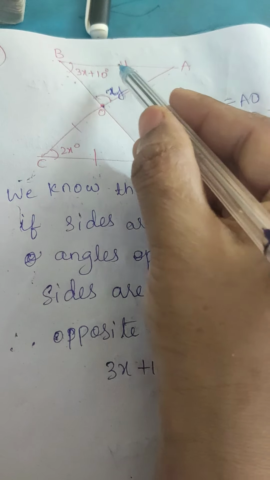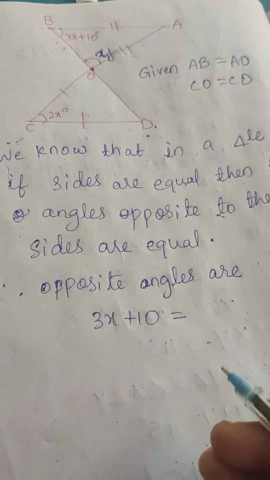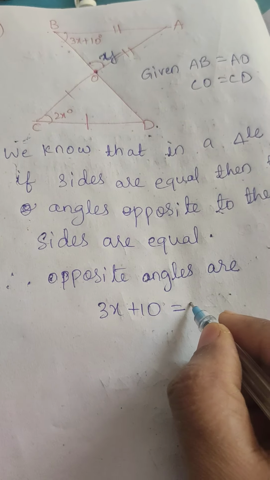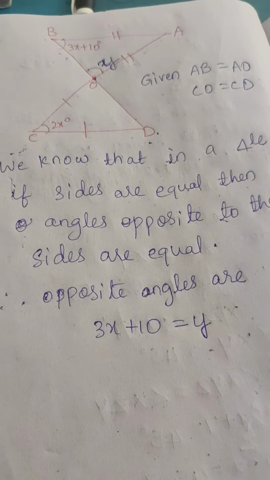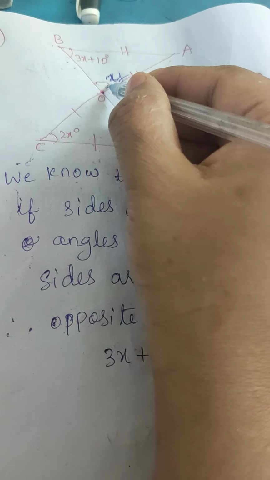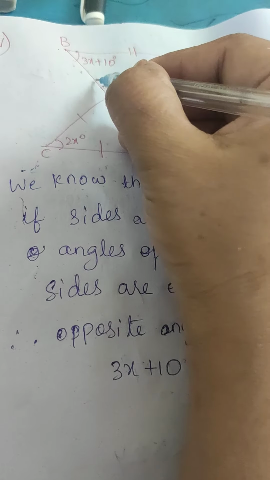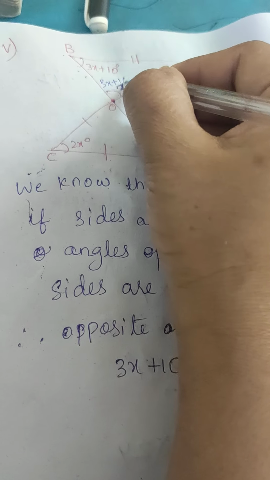Then opposite to AB is angle y. Both should be equal, that means y is equal to 3x plus 10.